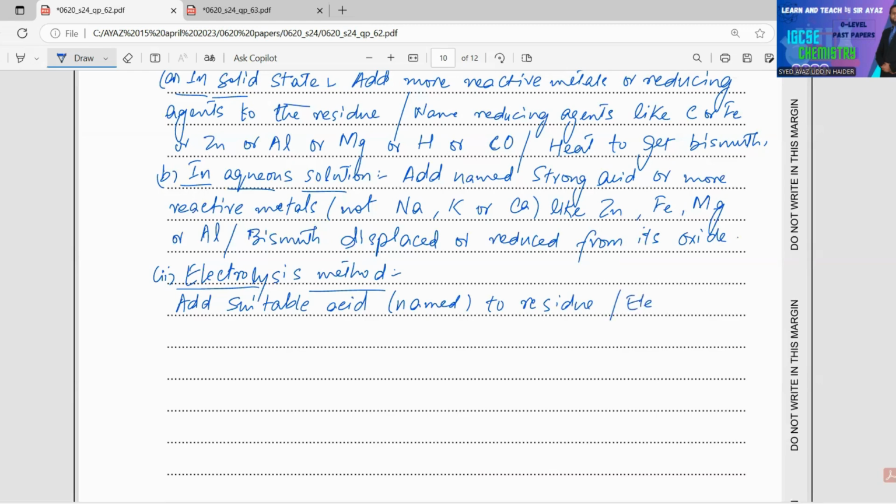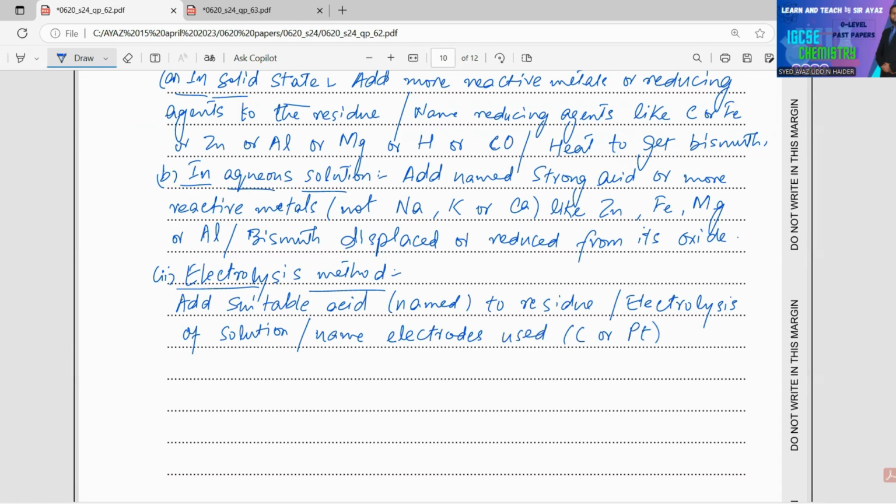Name the electrodes used here, which is either carbon or platinum.